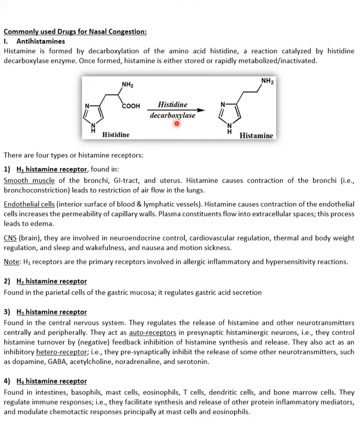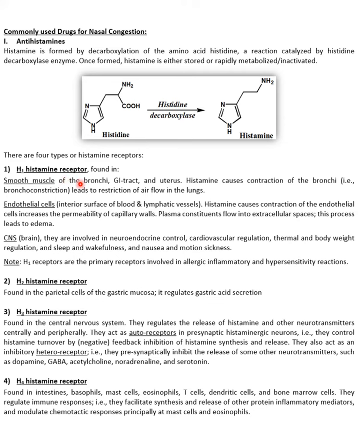Examples of them are cromolyn and nedocromil, and we are going to talk about them when we reach the allergies and the drugs used for allergies of the eyes. And the third type, which is our topic today, is by designing drugs that inhibit the histamine receptors. So let's talk about histamine receptors.